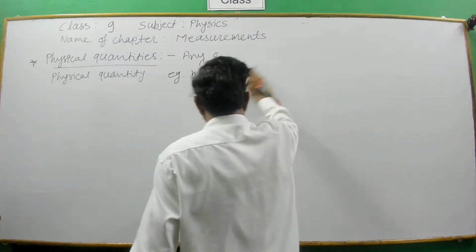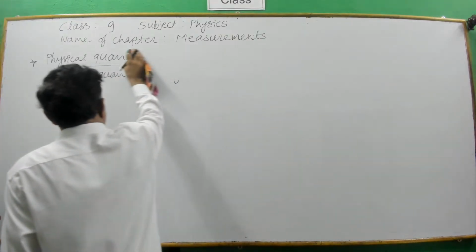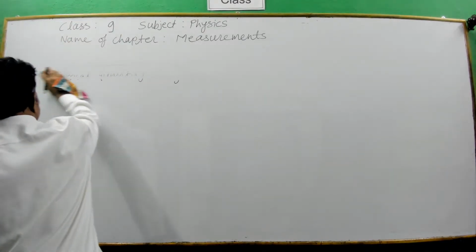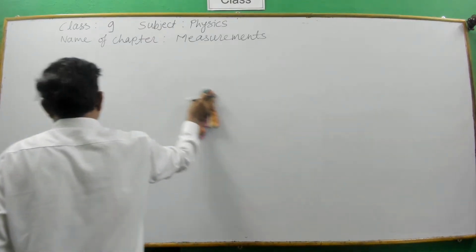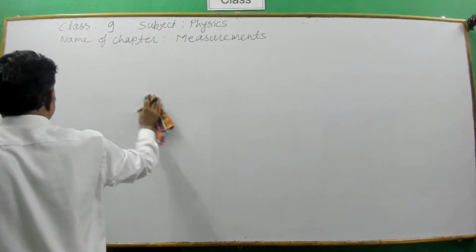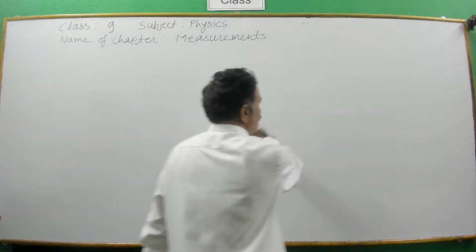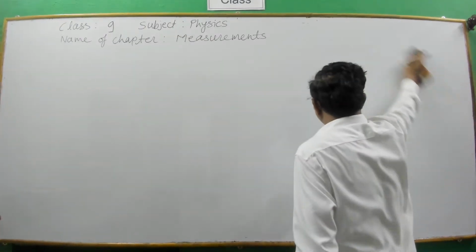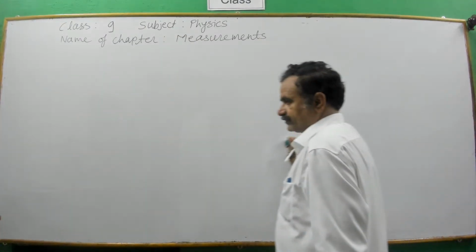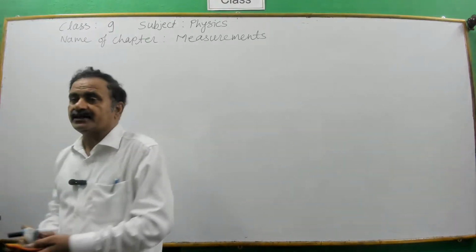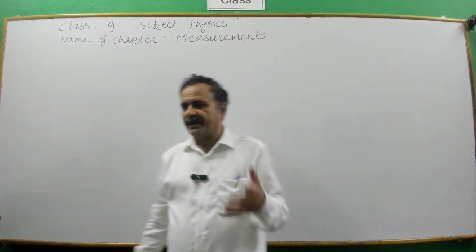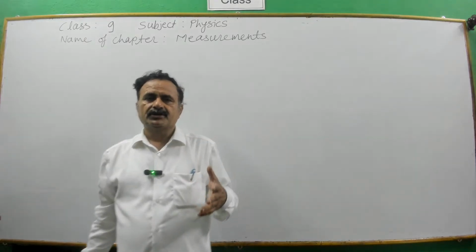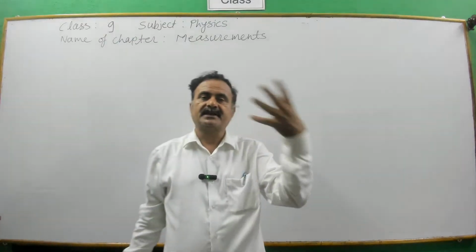Magnitude means how much. Any physical quantity which is counted by us, during counting we say how much it is. For example, how much is the mass? How much is the length? So how much means magnitude. Magnitude of any physical quantity shows us how much that physical quantity is.